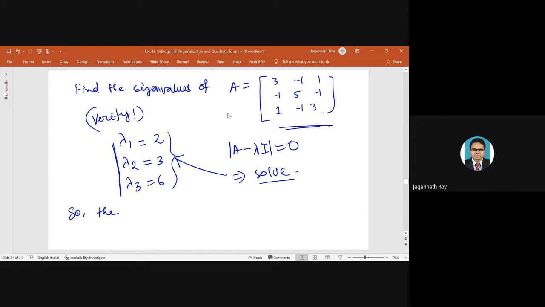By the previous theorem that we discussed earlier today, the eigenvectors x1, x2, and x3 will be orthogonal. Not only orthogonal, we can make them orthonormal also, which means the length of the vectors will be 1.